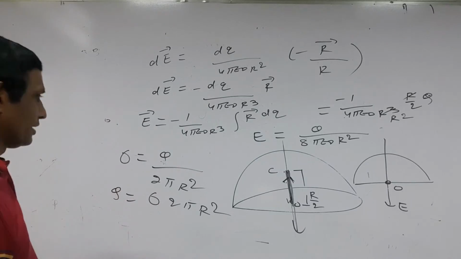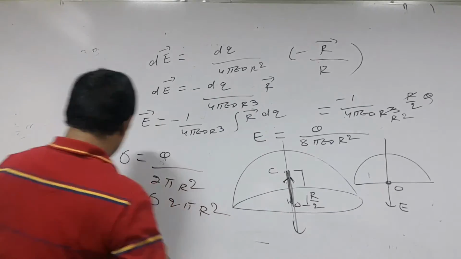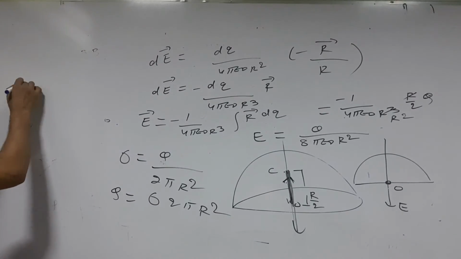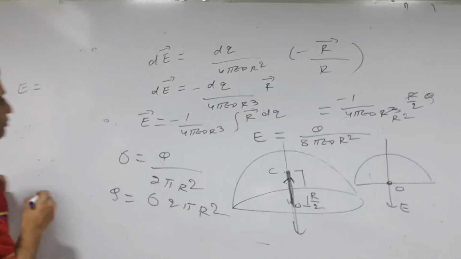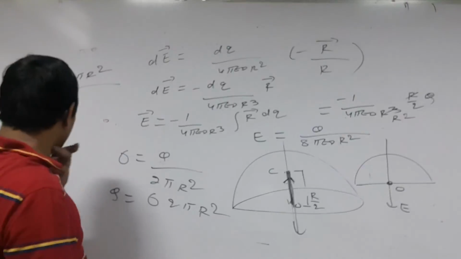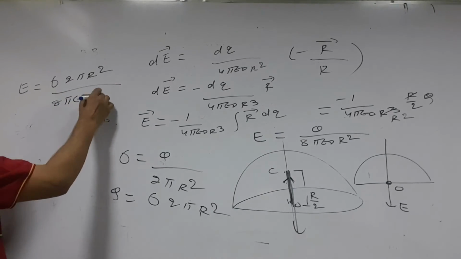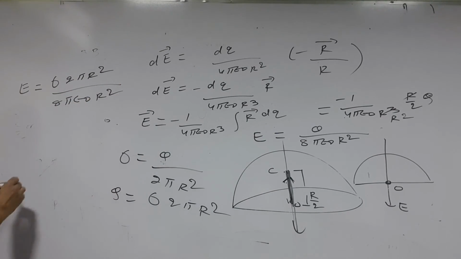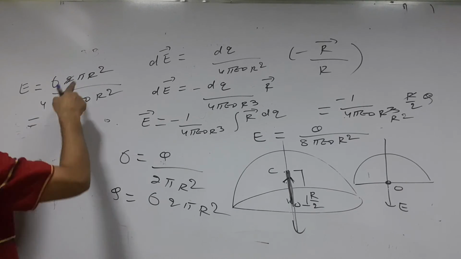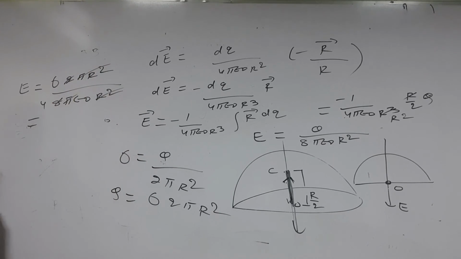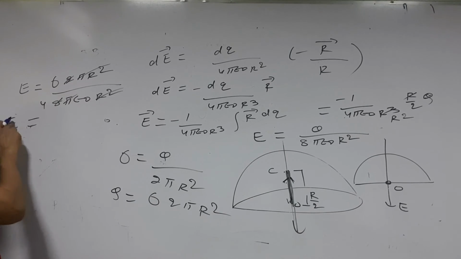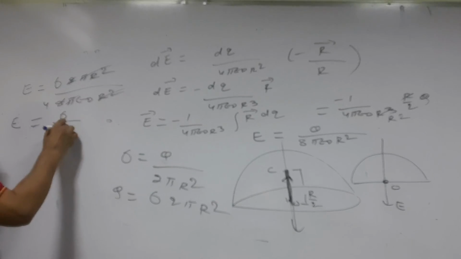Putting the value of Q here, we get E is equal to sigma 2 pi R square by 8 pi epsilon naught R square. Here 2 will be cancelled, and pi R square will also cancel. Here E will be sigma by 4 epsilon naught.